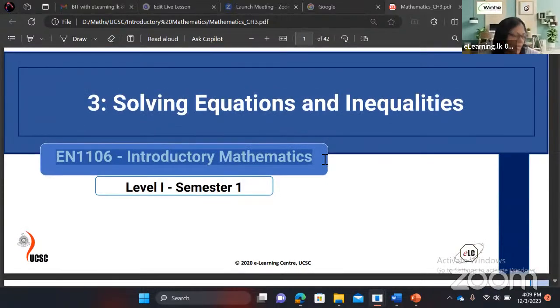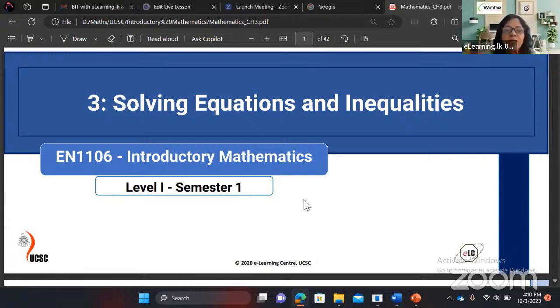Right, what have we learned last week? We have learned about solving equations, how to solve the equation when there is one variable or when there are two variables with the power of 1. If there is one variable, you can just solve it normally.